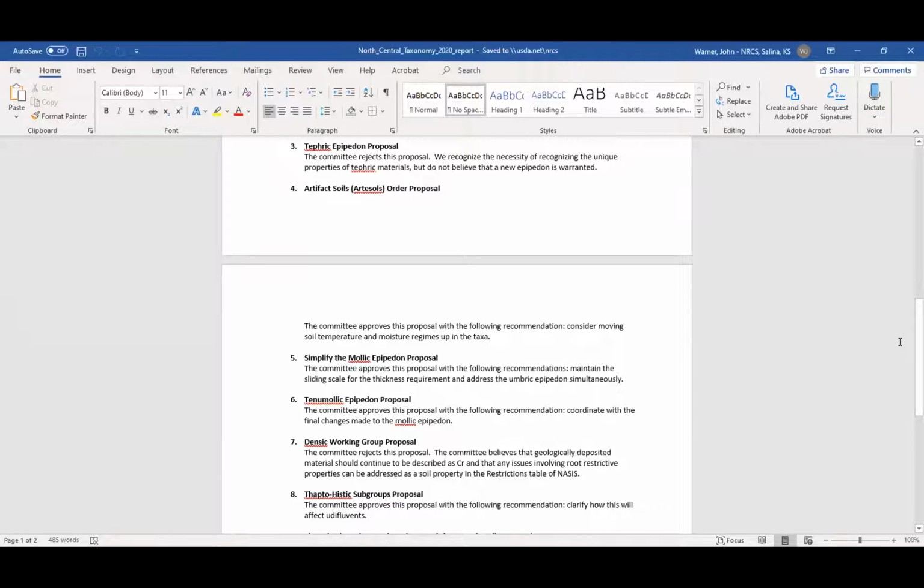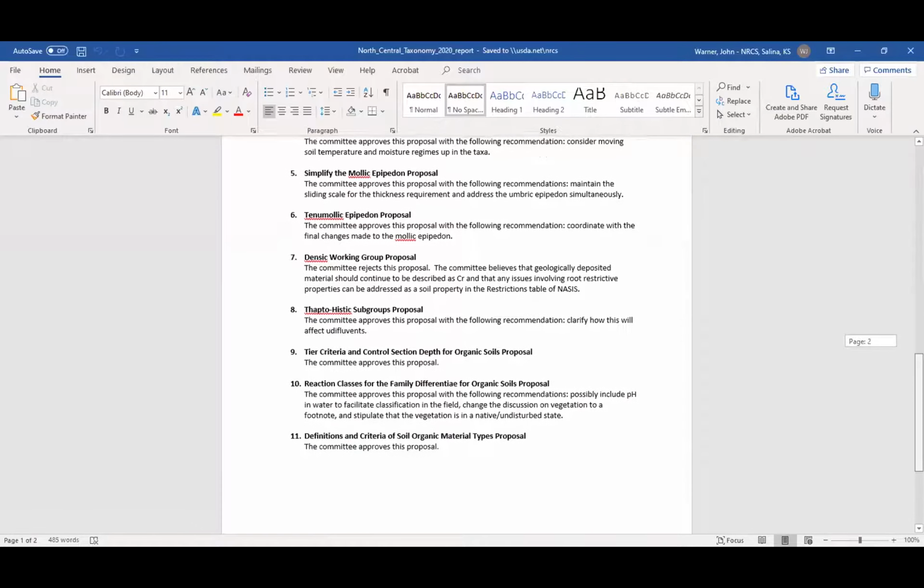The committee approves this proposal with one recommendation: consider moving the soil temperature and moisture regimes up in the taxa. Right now they're not in there. So John was very appreciative of our comments, and we'll take that to his group. But again, I think this is something that should be moved forward with the National Committee.